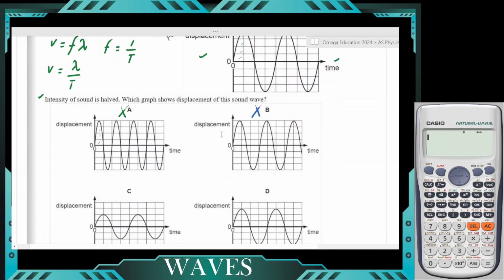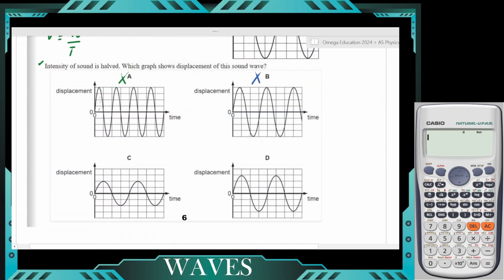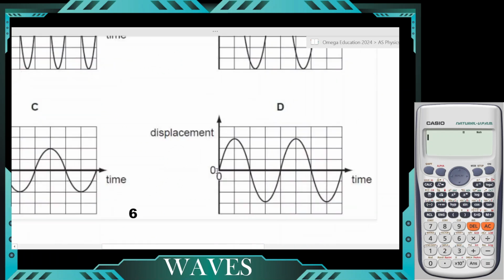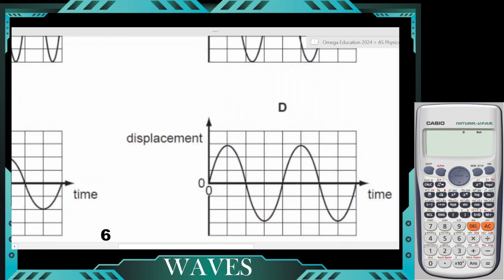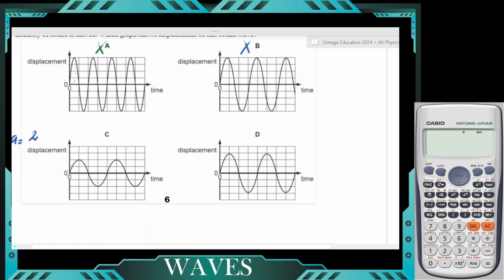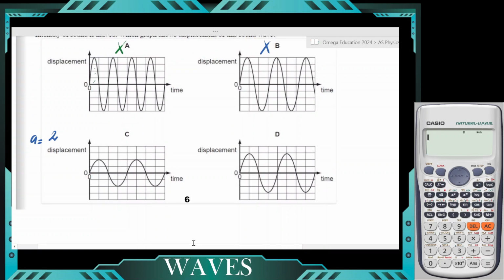Then for option C, the amplitude is 2. And for option D, what you see is slightly less than 3. I hope you can see it clearly. It could have been 2.8, 2.9, or 2.85, something like that.